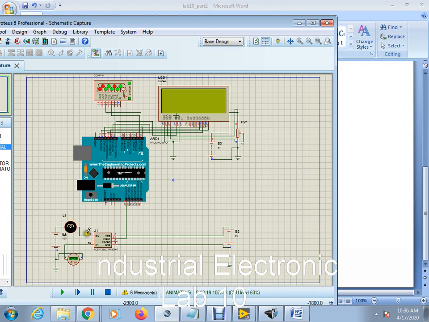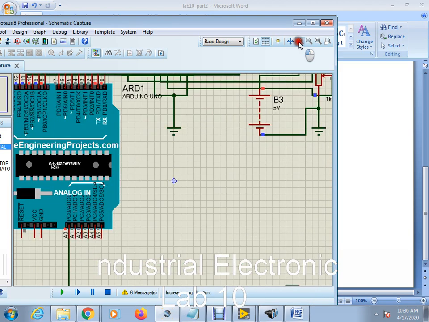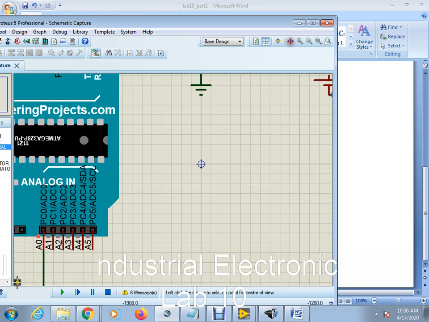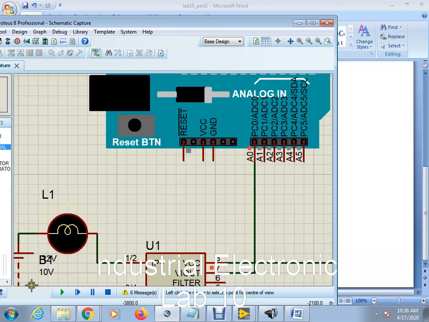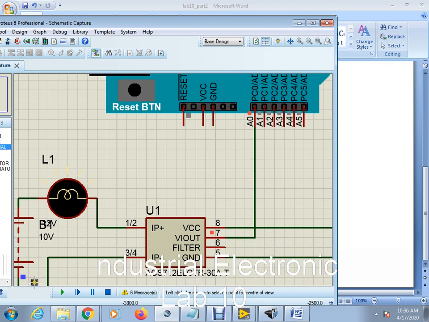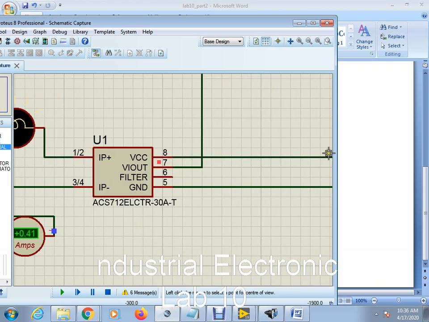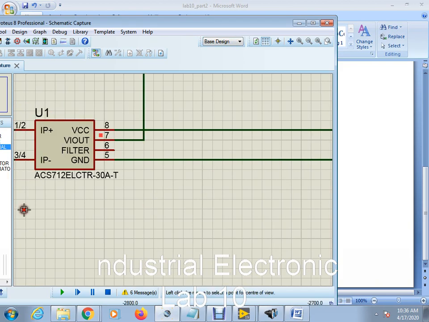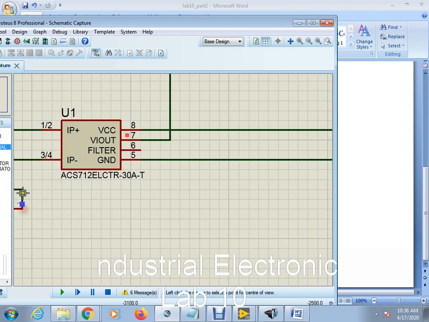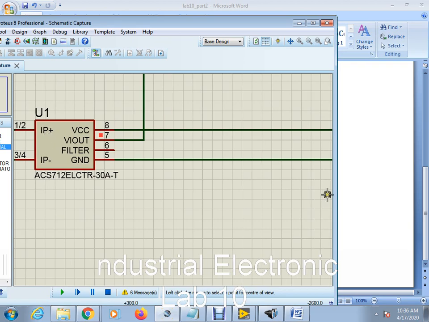And look into here. If you look into this circuit, this is pin number 1 2 positive IP, and 3 4 is the negative IP.